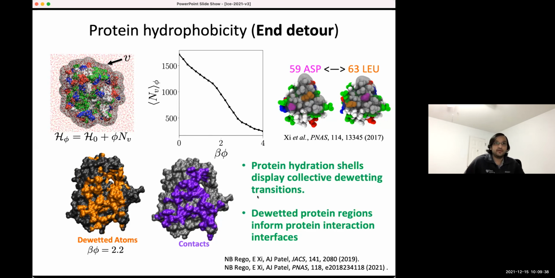And so the main message that I want you to take away from this slide is that protein surfaces actually behave remarkably similarly to uniformly nonpolar hydrophobic surfaces. The water molecules in their hydration shells are sensitive to perturbations and undergo collective dewetting.